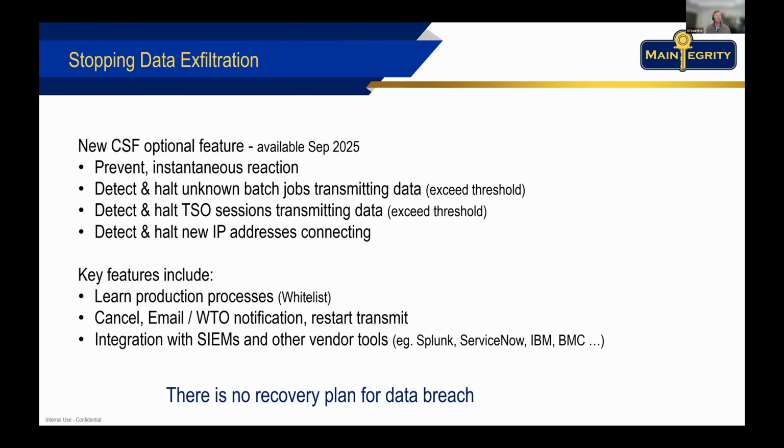In the worst case, we'll interrupt and then we'll actually have to restart that transmission because maybe it was a change in processing and you find out that that's something you really want. But by knowing what is normal in your environment, we can know what is abnormal.